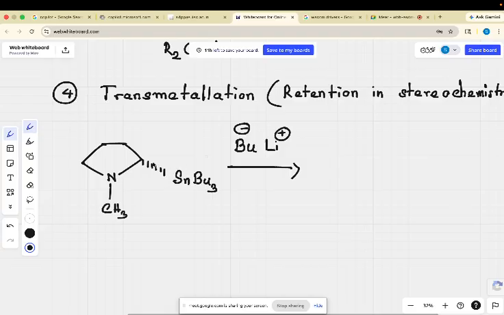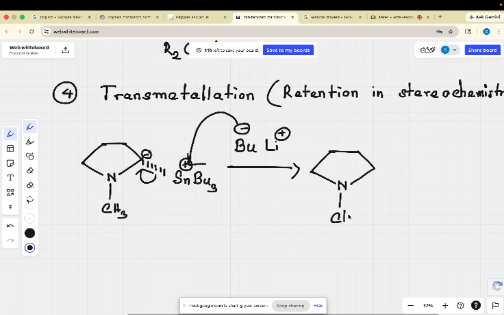Tin will be positively charged, carbon will be negatively charged. So butyl minus will attack on the tin center. When it attacks on the tin center, this bond will break. And if this bond breaks, what am I getting? Here I am getting a negative charge, and lithium plus has already left. You can show it like this, or you can form a bond with lithium. Clear?